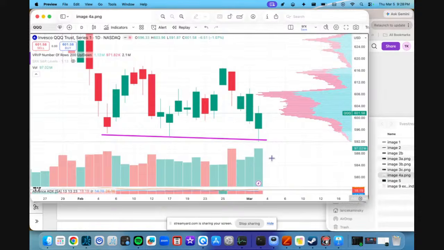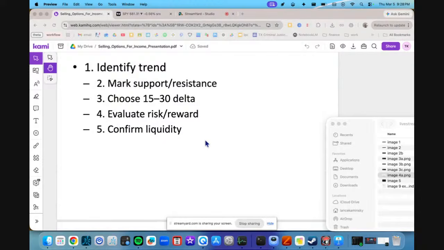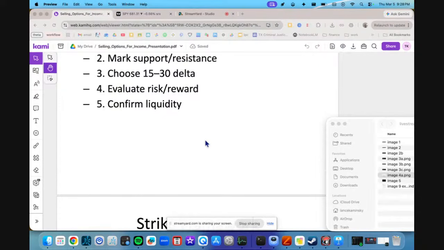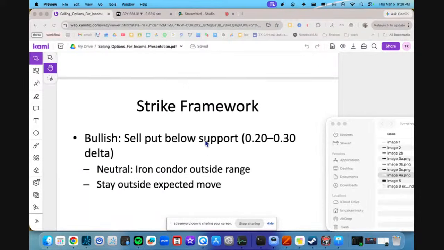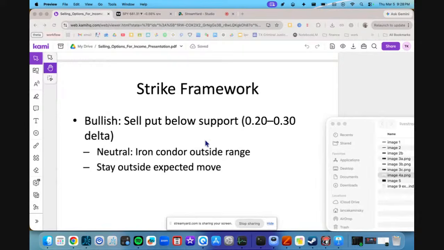If you want more possible return, you could sell a little bit below the support line. If you want to go a little bit safer, you go lower delta, and you're going to go further away from that price. Remember, guys, you're betting that something won't happen when you're selling options. We're betting that it won't go below that line rather than that it will. Exactly.